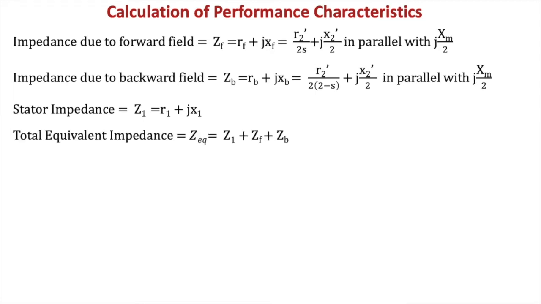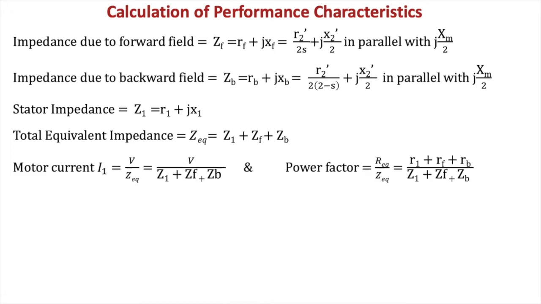Now the total equivalent impedance will be equal to Z1 plus the forward impedance plus the backward impedance of the rotor. So the motor current will be equal to V by Z equivalent, which comes as V by Z1 plus forward impedance plus backward impedance, and the power factor will be R equivalent by Z equivalent, which is equal to the total equivalent resistance divided by the total equivalent impedance.